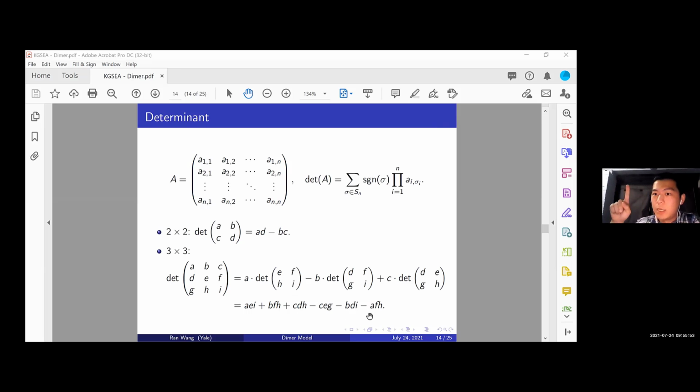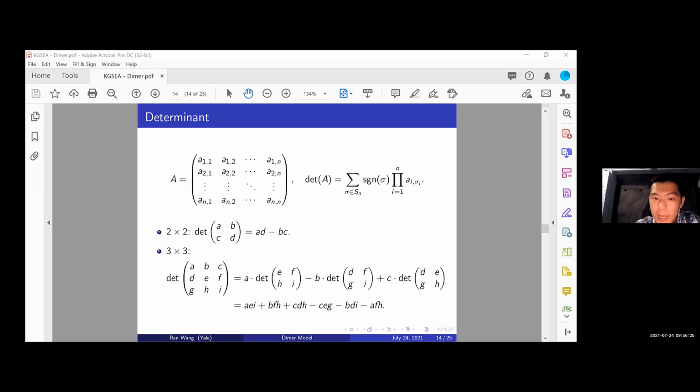This is the first thing you might keep in mind, and the second thing is that if we look at it, each term, remember there's a typo, it should be B, F, G. We can see that each term here, for the 3 times 3 case, we just simplify it, okay? So we can see that each term is the multiplication of 3 terms in the matrix. And for these 3 terms, they all are in different rows and in different columns.